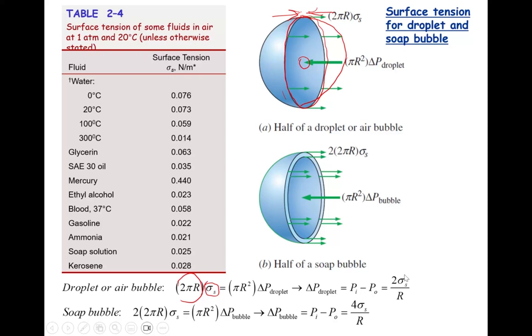What is the application of this? Let's say you want to create a certain droplet with a nozzle. Then you can estimate what pressure needs to be applied between internal and external, and work on that.